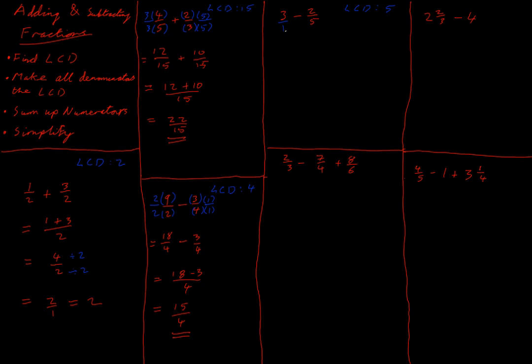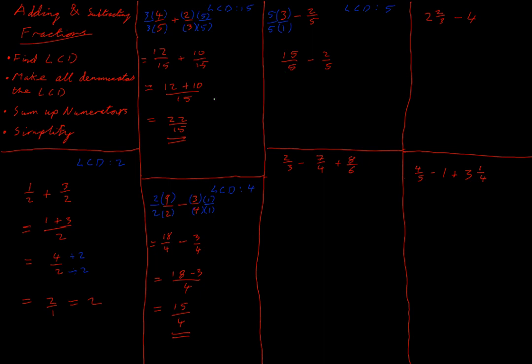So here I'm at 1 and I want to multiply something to get to my lowest common denominator of 5. So I need to multiply the bottom by 5. And if I do it to the bottom, I must do it to the top to keep my fraction the same. And here I don't need to do anything on my right hand fraction. It's already at 5. So I multiply 3 by 5 is 15 all over 5 minus 2 over 5.